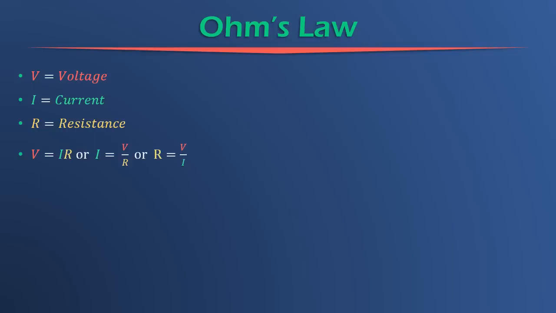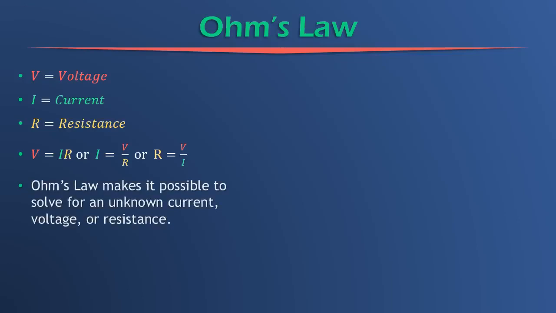Now, Ohm's law says V equals I times R, I equals V over R, or R equals V over I. So it makes it possible for us to solve for an unknown current, voltage, or resistance, granted that we already have two of those elements of that equation.